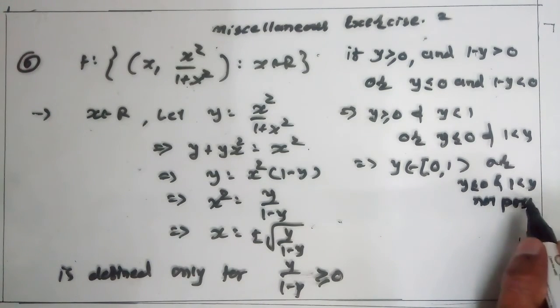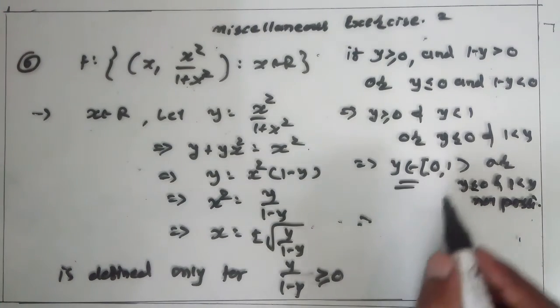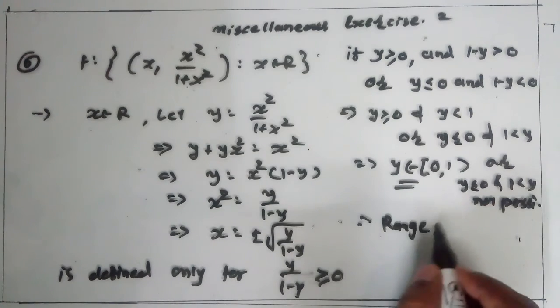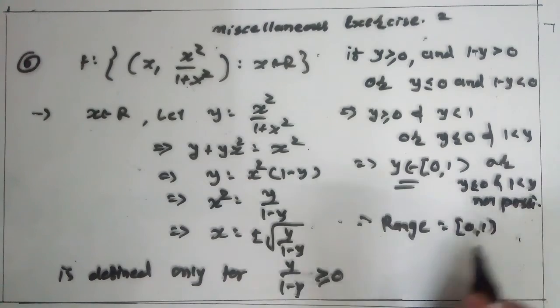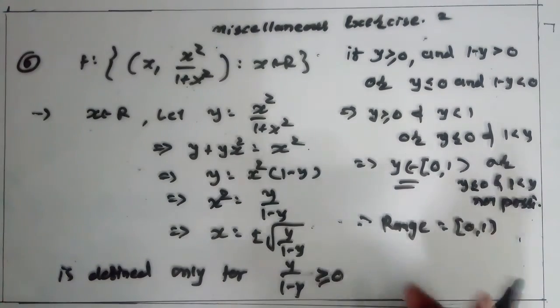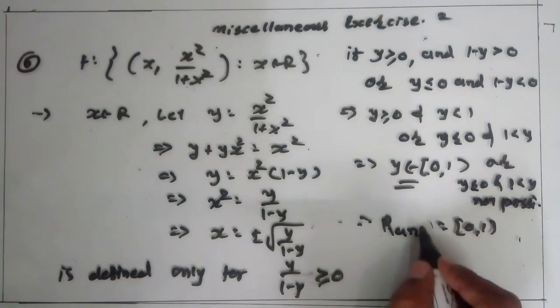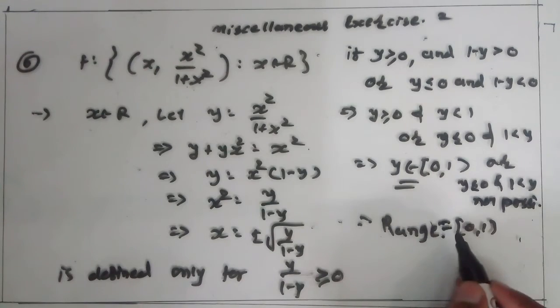Clear? So therefore the range of f is equal to closed 0 to open 1. Clear? Okay, so remember this.